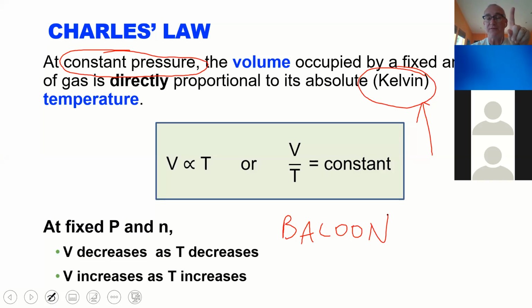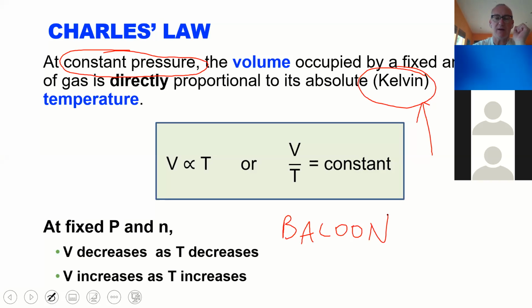You still have 1 atmosphere of pressure, but we're allowing the volume to change because we have something expandable, like a balloon. If the volume can expand, it will. And the volume will expand based on the temperature. And this is a direct proportion.